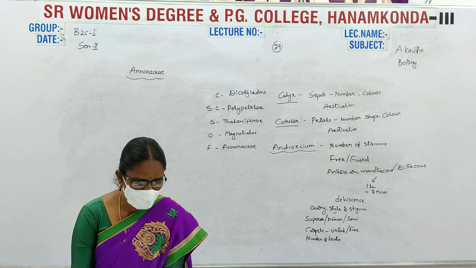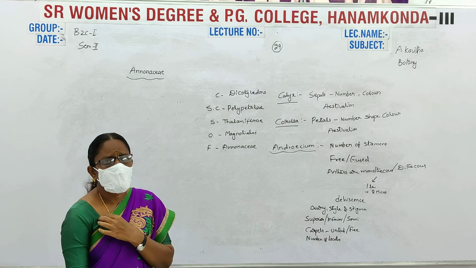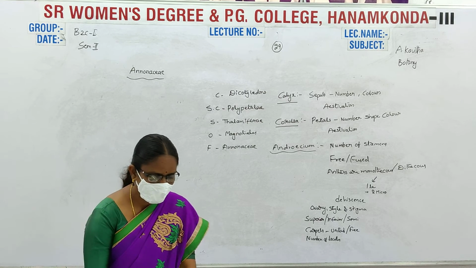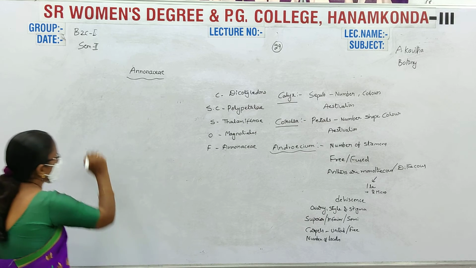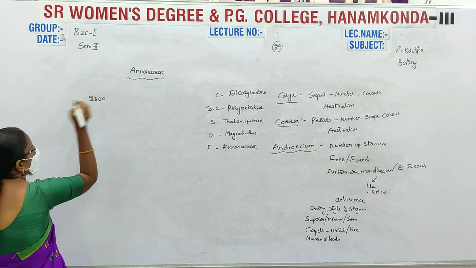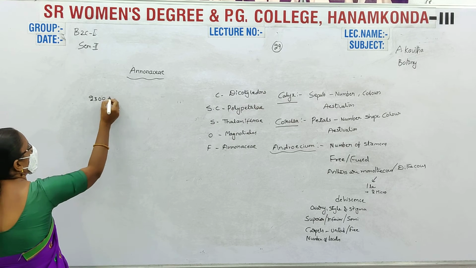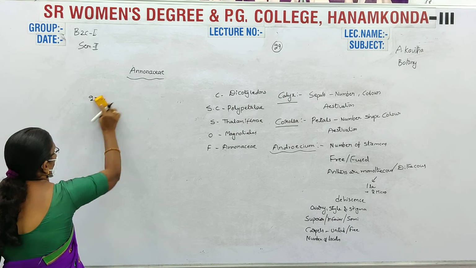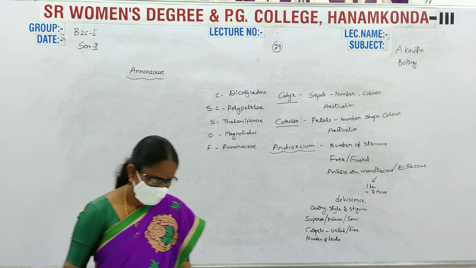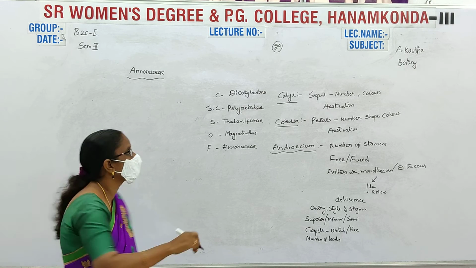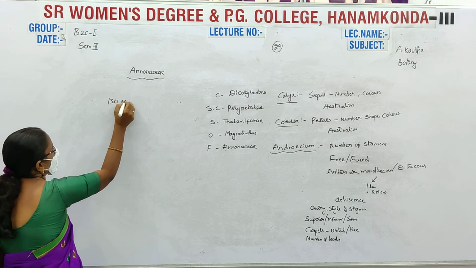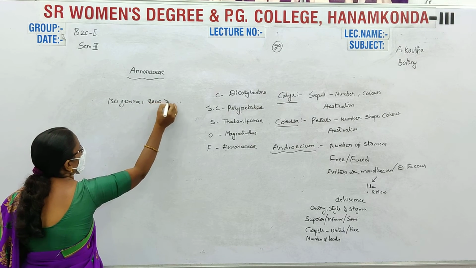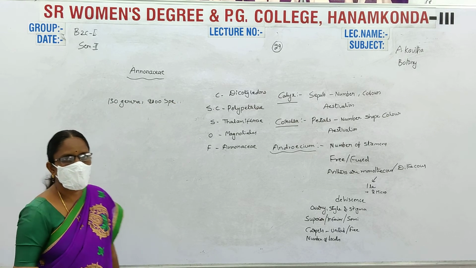Normally the Annonaceae family plants are aromatic plants. 130 genera and 2300 species are present in the Annonaceae family.